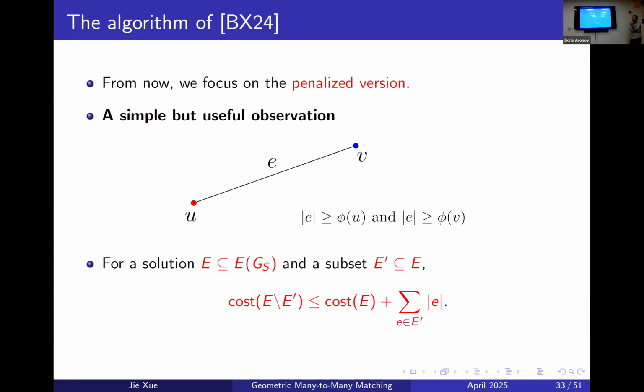So imagine that now you have a solution, which is a set of edges, and you have a subset of that solution, the E prime. I want to see what happens if I remove E prime from E. If you remove E prime from E, then first the total length of the edges decreases.